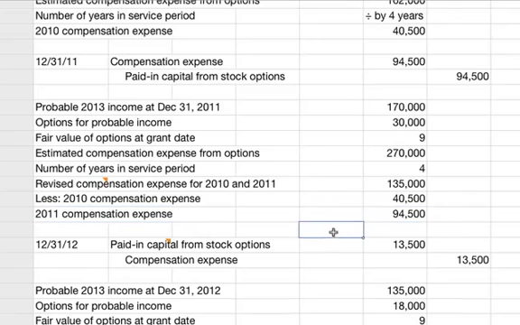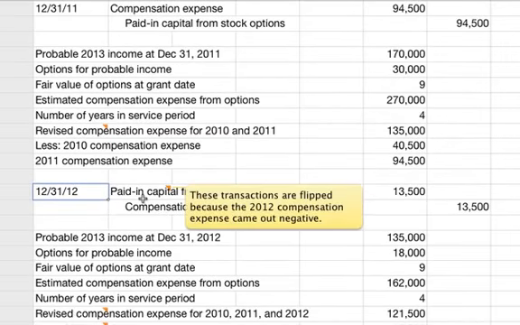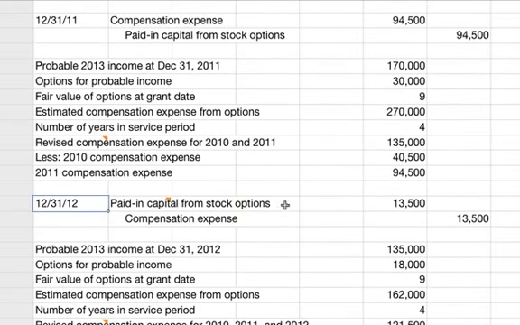$94,500. Now the entry at the end of 2012 is a little bit different. You will notice that these have been reversed. We are now debiting paid-in capital from stock options and crediting compensation expense, instead of vice versa like the first two entries.